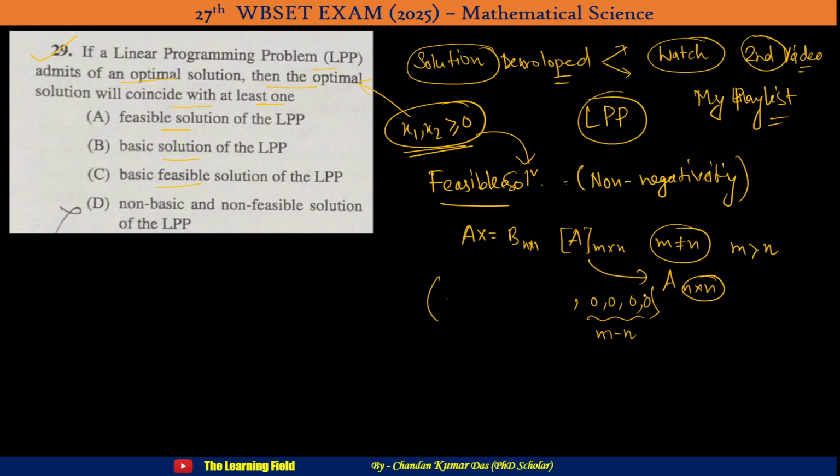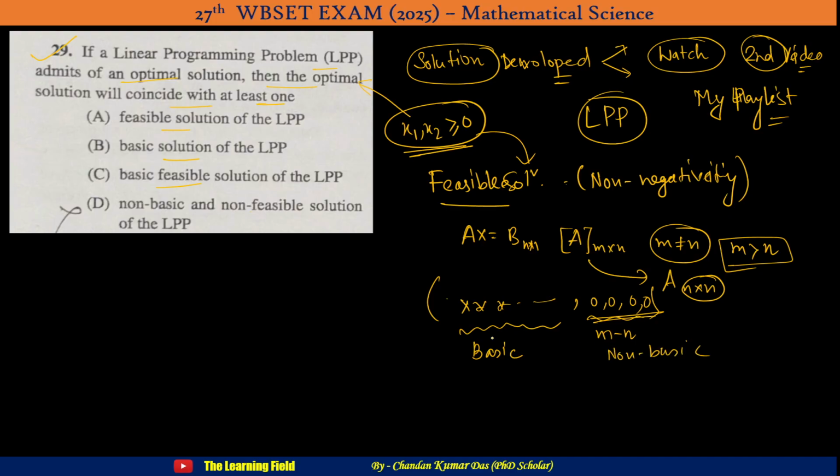Because this is an under-determined system, the number of unknowns is greater than the number of equations, so we have to put some variables 0 and the remaining are non-zero. We call these non-zero variables the basic variables, and the zero variables the non-basic variables.